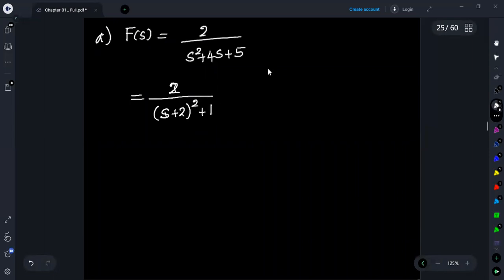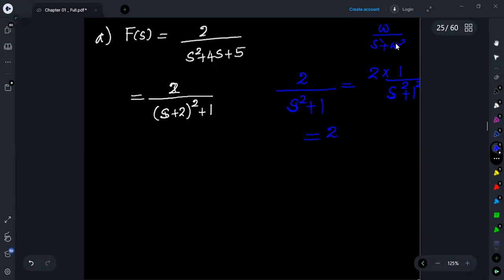Then, if we have a function of the form 2 over s squared plus 1, we can rewrite this as 2 times 1 over s squared plus 1 squared. This is of the form sine: if we compare with omega over s squared plus omega squared, the value of omega is 1. So this is 2 sine t.